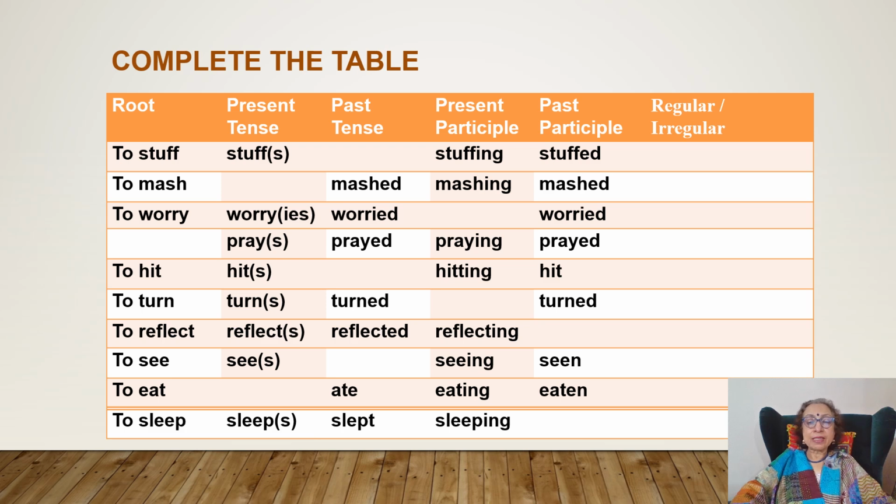If past tense has ed but past participle doesn't, or it is a changed form in both, or it is the same form in all three or two, then it is irregular because it doesn't have a pattern. It doesn't have a rule which can be followed. So this is a test for all of you. Please stop here for a minute, do the test, then go ahead and check the answers.